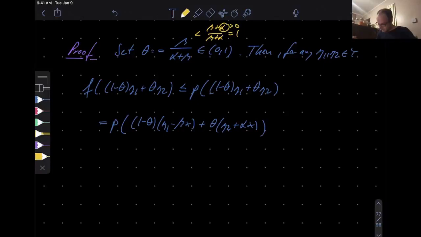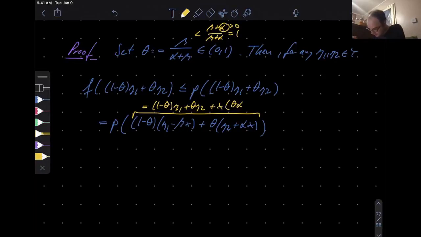Why is this? Well, if you look inside this argument here, what is this? This is equal to (1 minus theta) y1 plus theta y2, and then what's the rest? Well, the rest is x times theta alpha minus beta (1 minus theta).